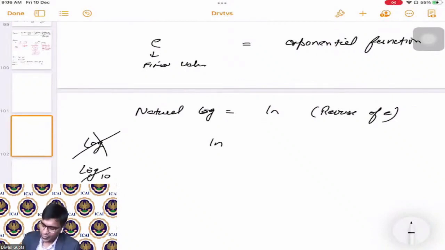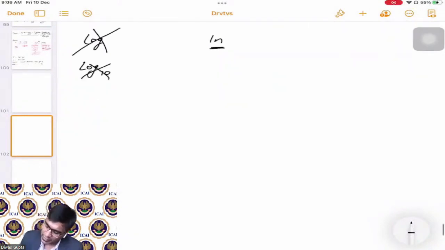There is just a natural log, which is the reverse of E. For example, if E raised to the power A is equal to B, we can say that natural log of B is equal to A.